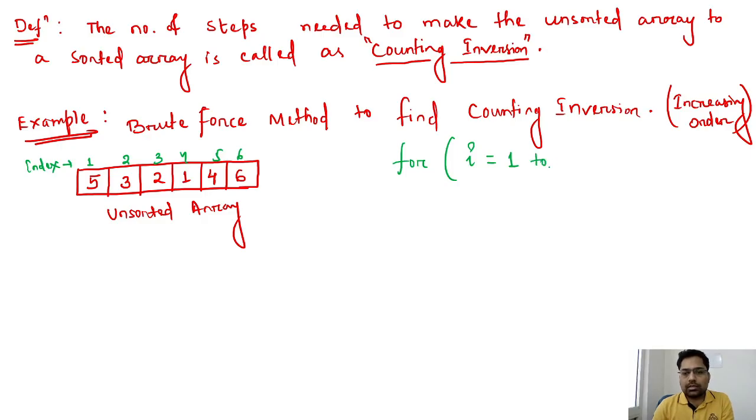The index starts from 1 to the array length, which is indirectly 6.